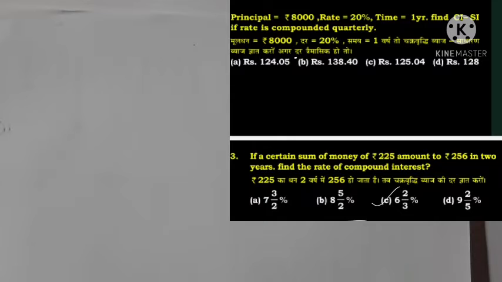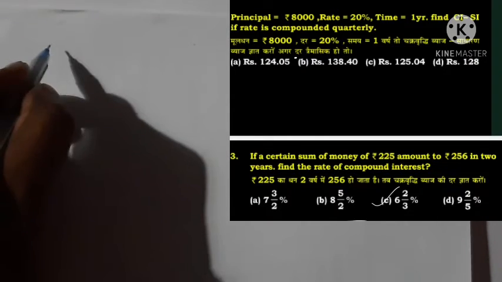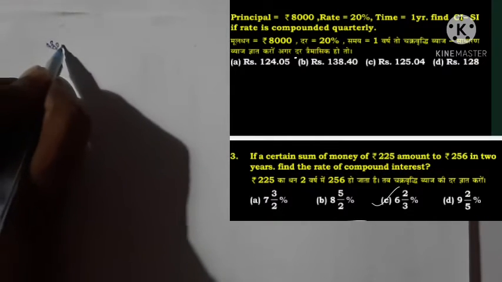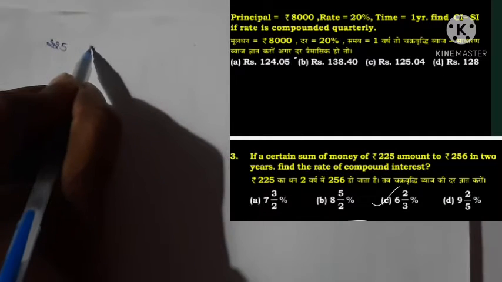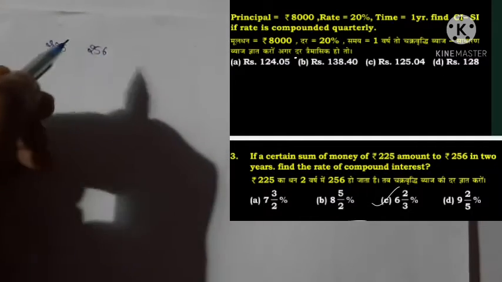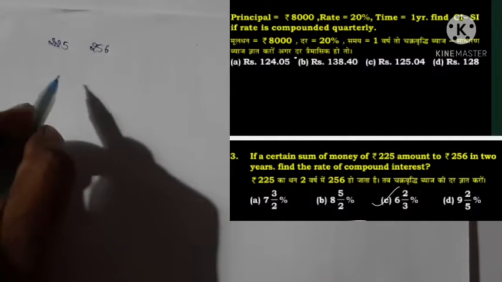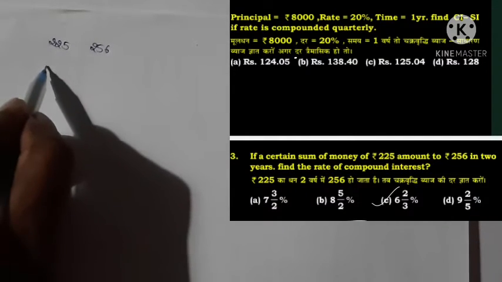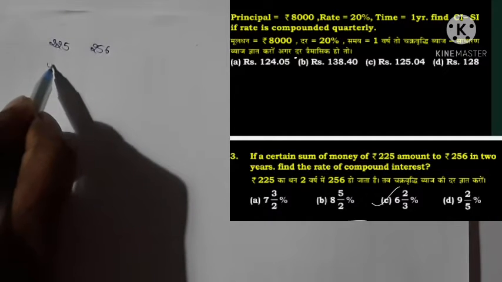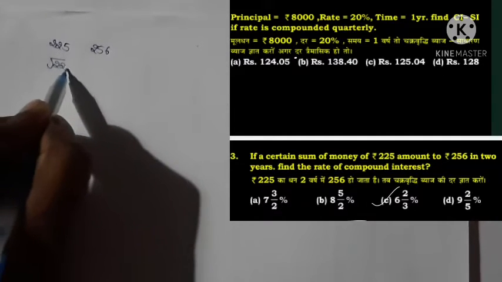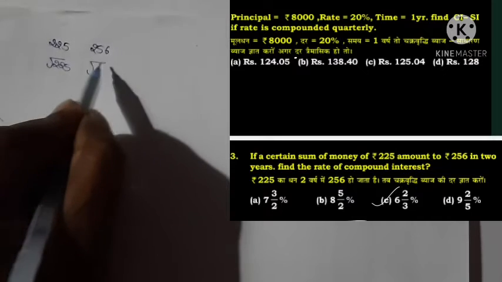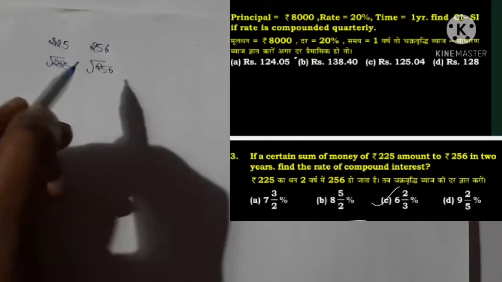If a certain sum of money 225 amounts to 256 in 2 years, for the first year they are in the ratio of square root of 225 to square root of 256.